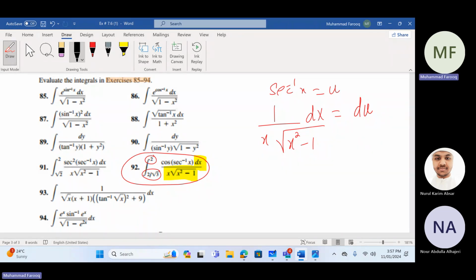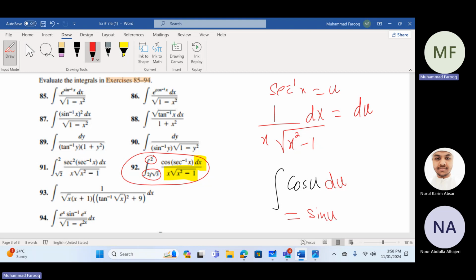After substitution, you have the integral of cosine u du, because secant inverse x is u. What is the integration of cosine u du? Sine u. Don't write plus c, because we have limits. Put the u value back: what is u?